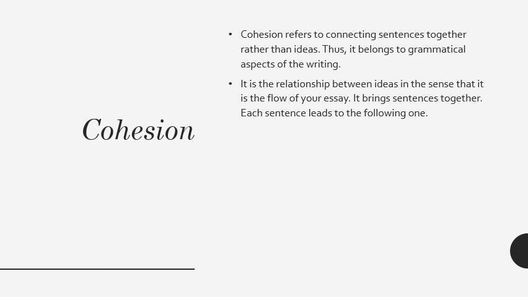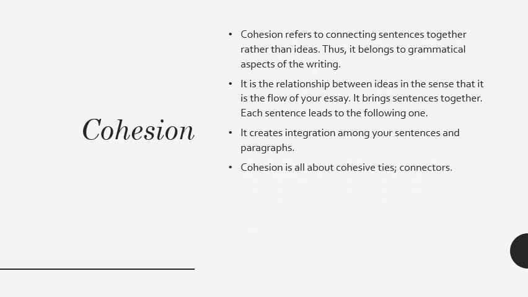Of course, it's just like a stairway. Each and every step is leading you to the next one, to the following one, and so on. So, cohesion creates integration among your sentences and paragraphs. Cohesion is all about cohesive ties. I mean connectors.